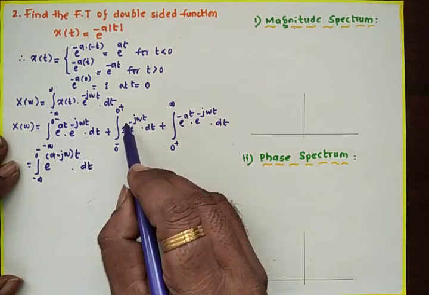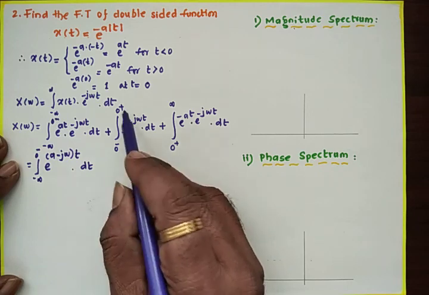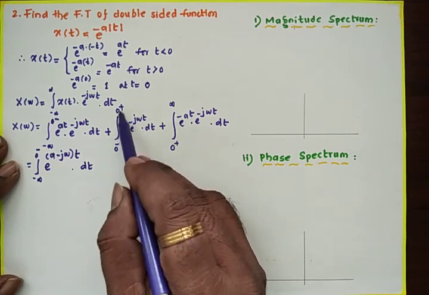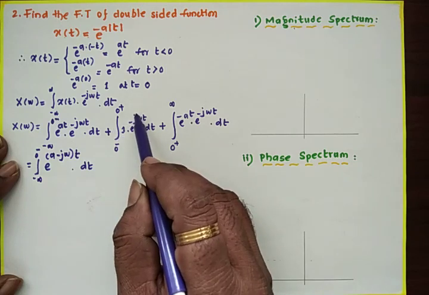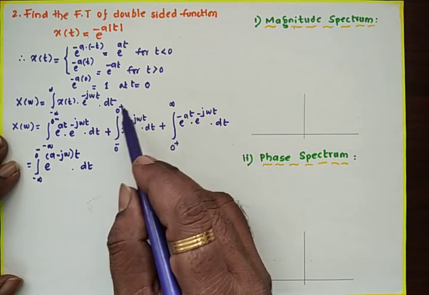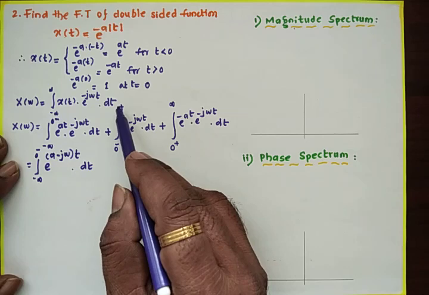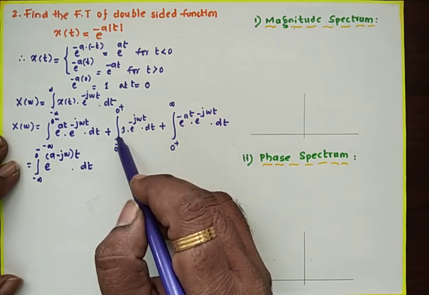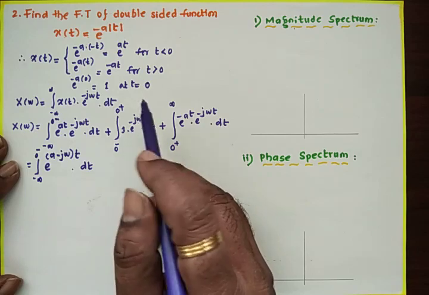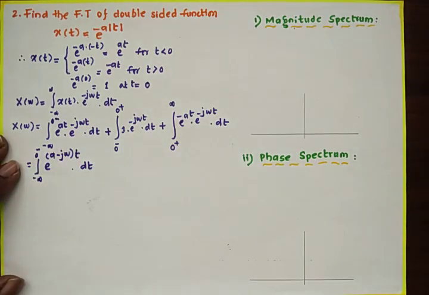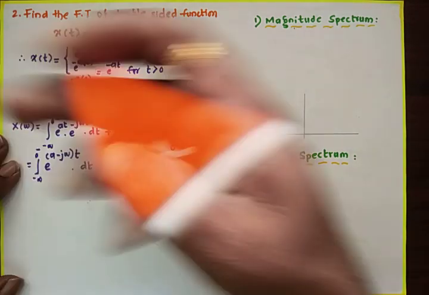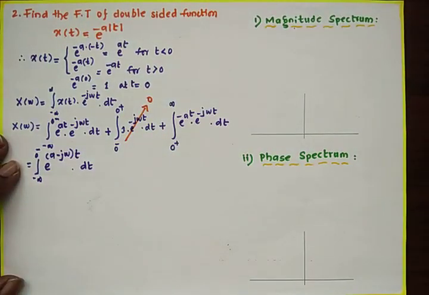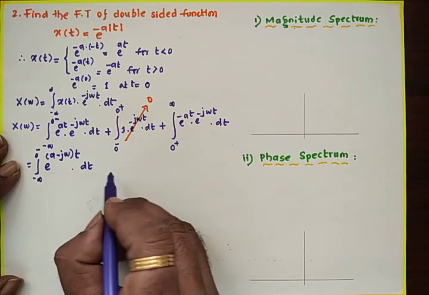Anyway, here the upper limit is 0 and the lower limit is also 0. After getting the integration, we have to substitute the upper limit 0 and the lower limit 0, so both will give the same value, and 0 minus 0 will be 0 only. So there is no need to do the integration of this part, you will get 0, so no need to concentrate on that one.